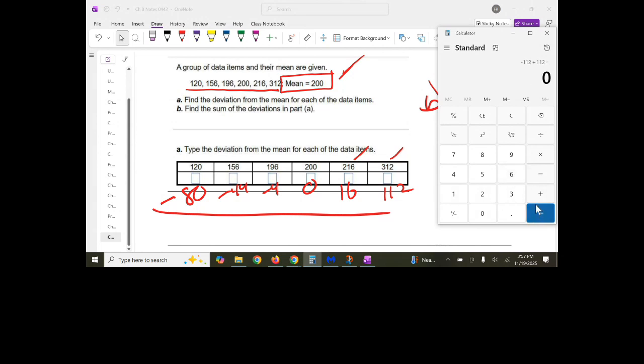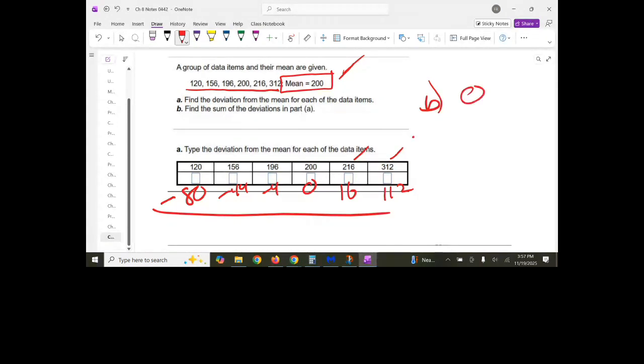Y'all check it out, it happens again. We still get 0. So one of the things that we try to figure out is, how could we find the average of these numbers if every time we add them up, we get 0?